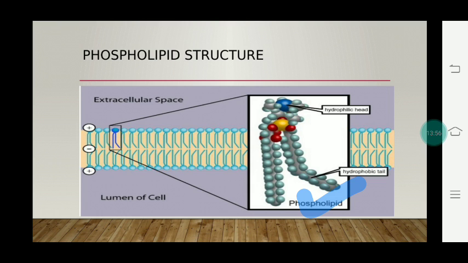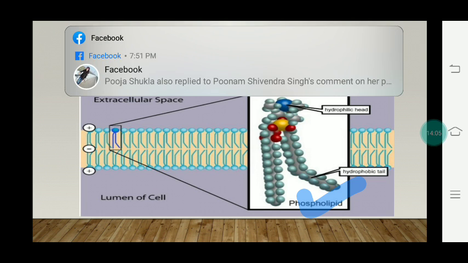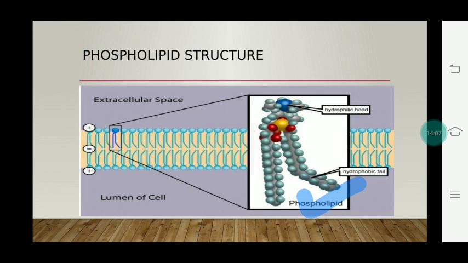The layers are made up of phospholipid structure, which has a hydrophilic head. The hydrophilic head contains alcohol, phosphate and glycerol, while the hydrophobic tails are made up of fatty acid. So I hope you are all clear about the lipid bilayer structure and phospholipid structure.